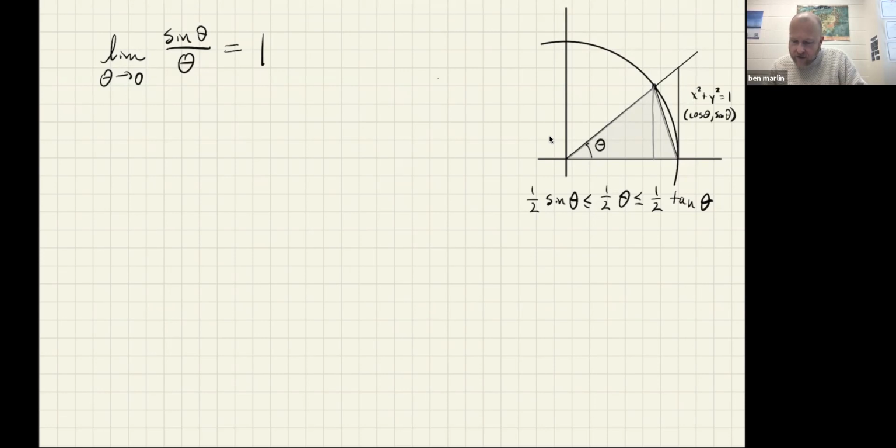And so consequently, this height that you've got right here is going to be that y coordinate of this point. And so that's why the height of it is going to be sine theta. The base of it is going to be 1 because the radius of the circle is 1. And so you get the area of that triangle with 1/2 sine theta. And we're going to see that that is the smallest of the areas that we're going to talk about.